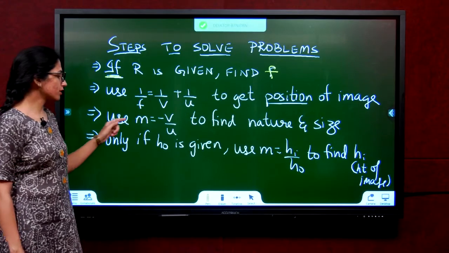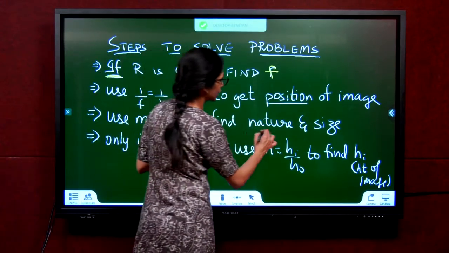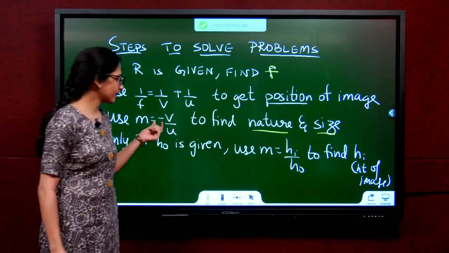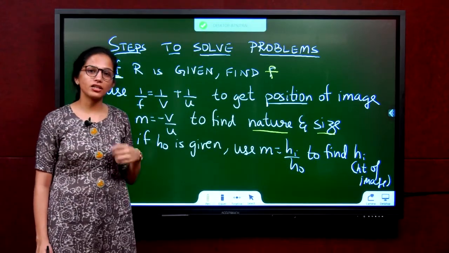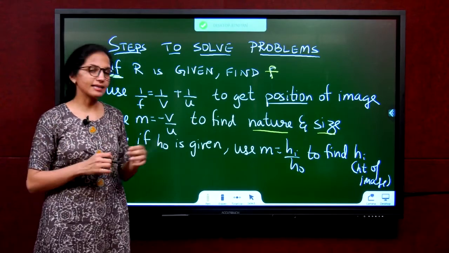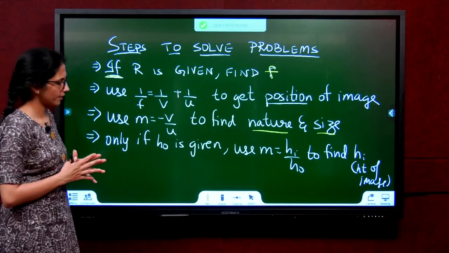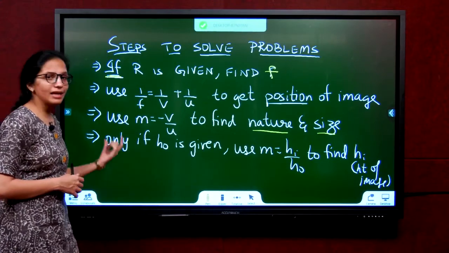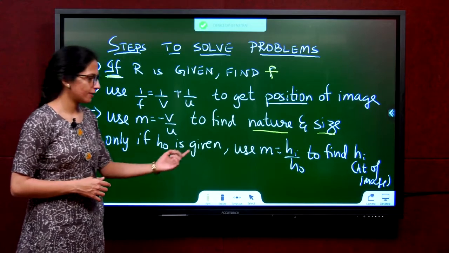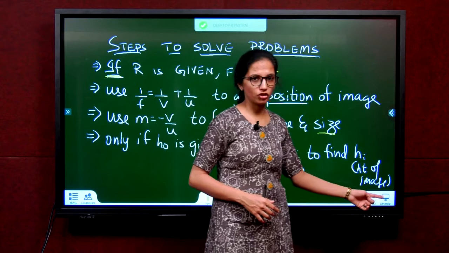Next, use m equals minus v by u to find the nature and size of the image. How? Once you get the value of m, plus and minus will give you nature, and m value, the magnitude, will give you the size. Correct? Greater than 1, less than 1, equal to 1. You will see when we do problems. Only if h naught is given, then use m equals hi by h naught to find the height of the image.